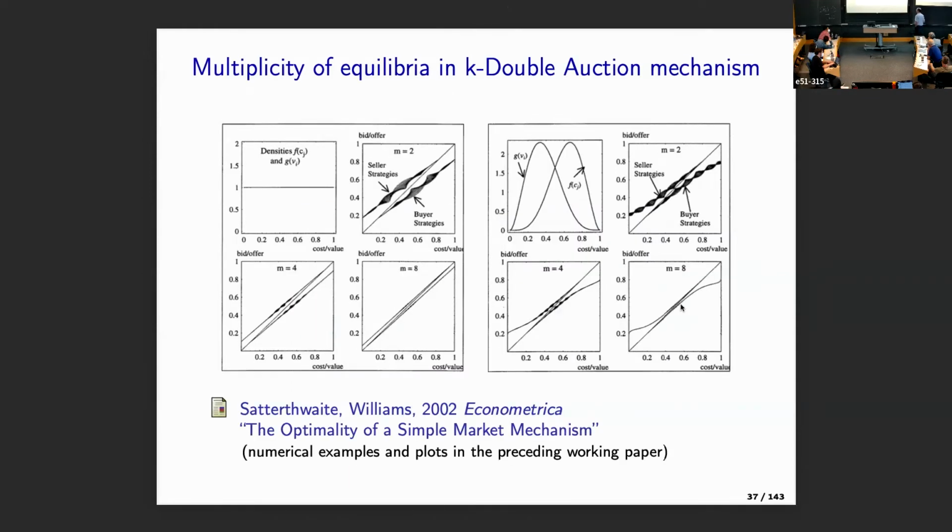Let me take one slide to relate the concept of multiplicity to the market design theme of the conference. Satterthwaite and Williams in 2002, in the version which is not the published version, have a numerical example where the paper talks about the optimality of the K double auction mechanism. Here are two examples that they compute for different environments, which are the distributions of valuations for buyers and sellers.